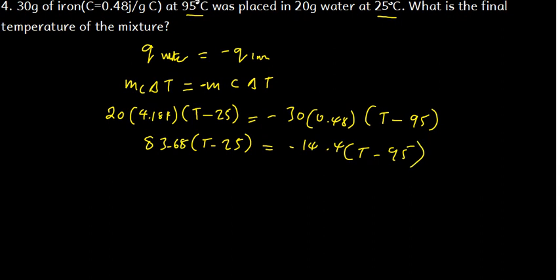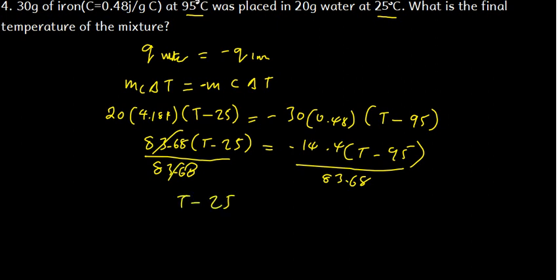At this point, I can divide both sides by 83.68. So I'll just remain with T minus 25 is equal to, so I'll just divide this value into this value because the whole of what is on top is the same thing.